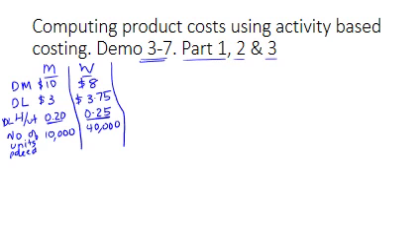So let's quickly look at the first part of the question, which is asking us to come up with the predetermined overhead rates and the unit cost per the conventional costing system, given an estimated overhead cost of 336,000 total. So this overhead has to be split between M and W according to the total direct labor hours. How do we come up with the total direct labor hours? We do 0.20 times 10,000.